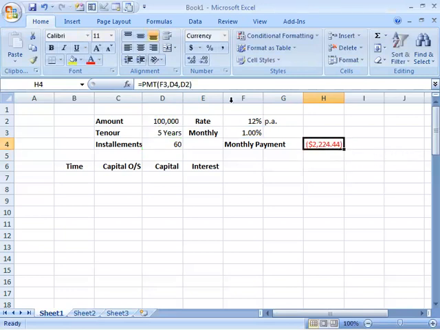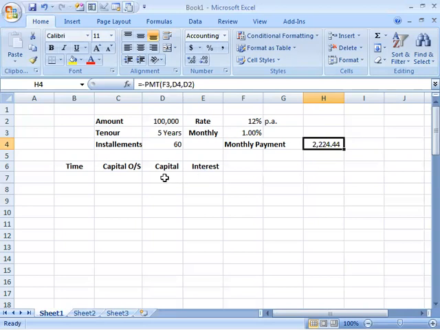So this is the monthly value. This is appearing as a negative value since this is a payment. So I will input a minus sign, and I will keep it to two decimal places. So we have to pay a monthly installment of 2224.44, out of which the capital portion and interest portion will be deducted.